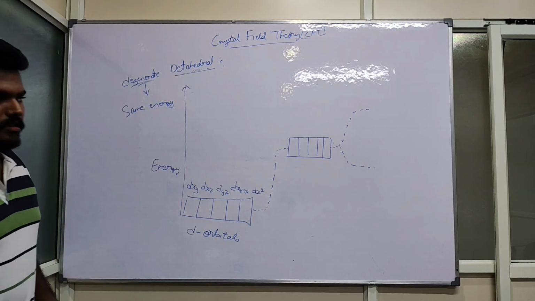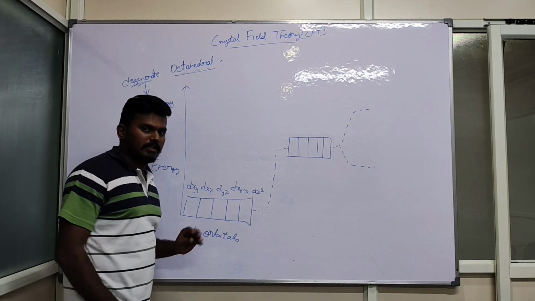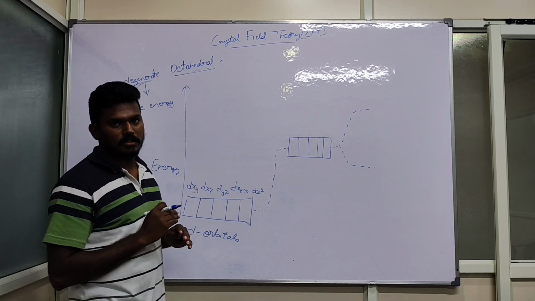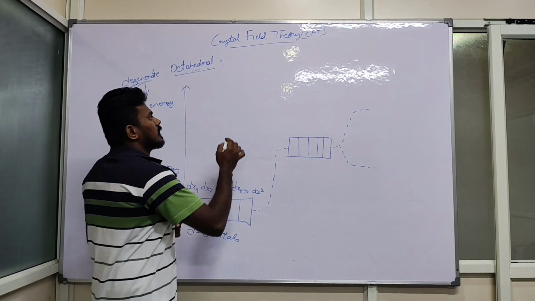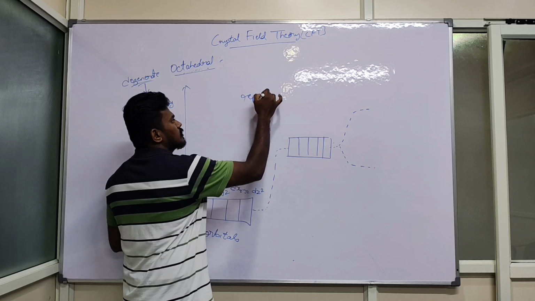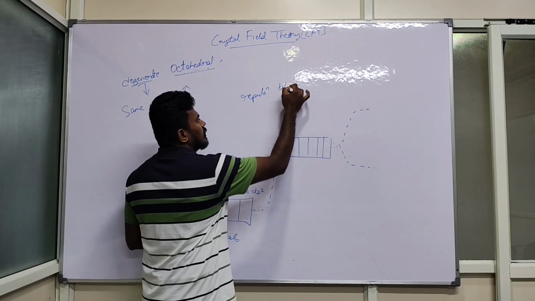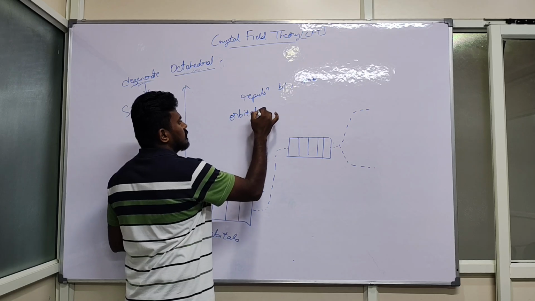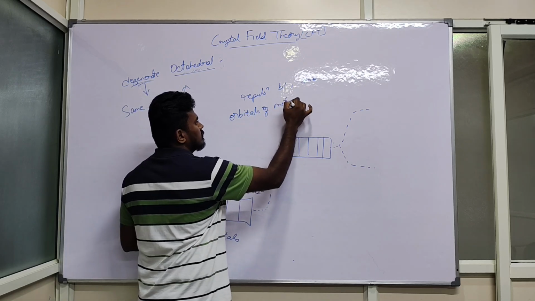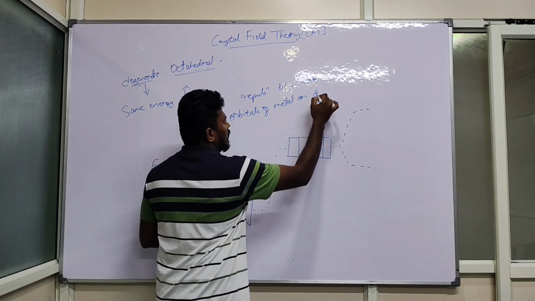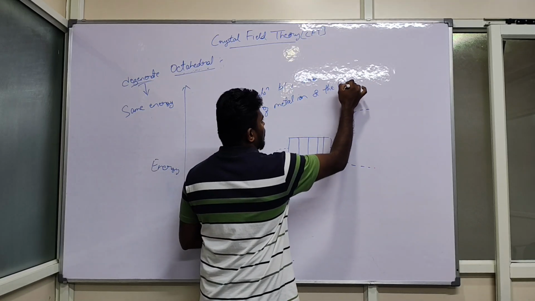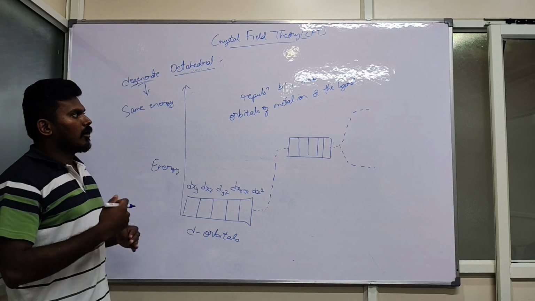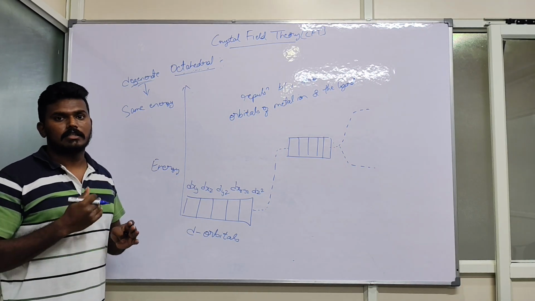There is another idea in CFT: when a ligand is approaching the orbitals of the metal ion, there will be a repulsion between the orbitals of the metal ion and the ligand.